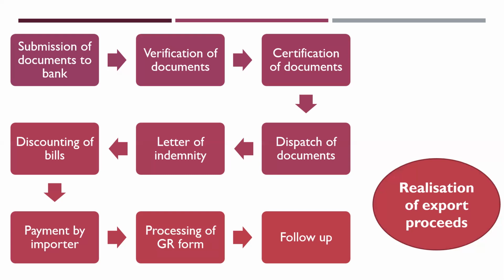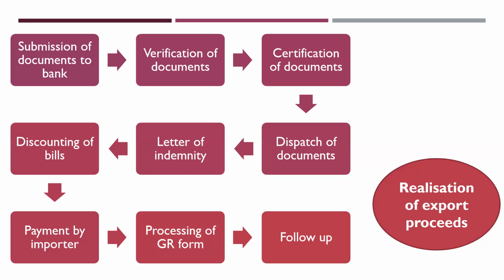If you remember the letter of credit square process that we made: importer, importer's bank, exporter's bank, and exporter. This is how the process moves when the letter of credit is to be issued. But now the letter of credit is done. Now it is the turn of the exporter to give the documents and collect the money.